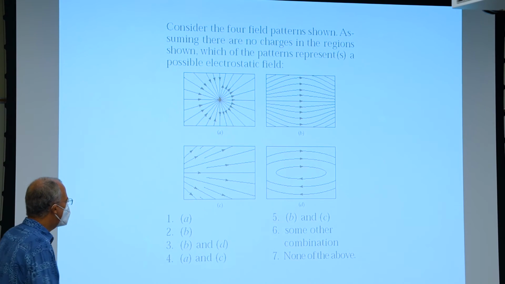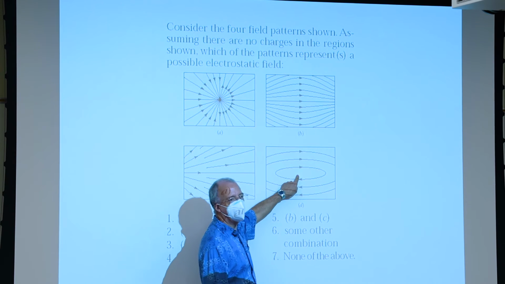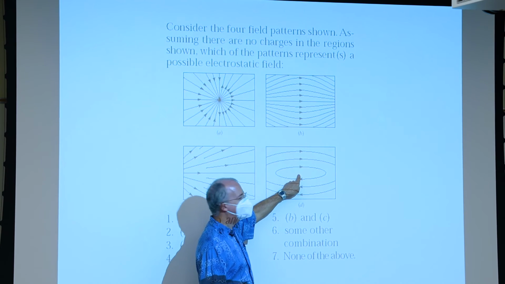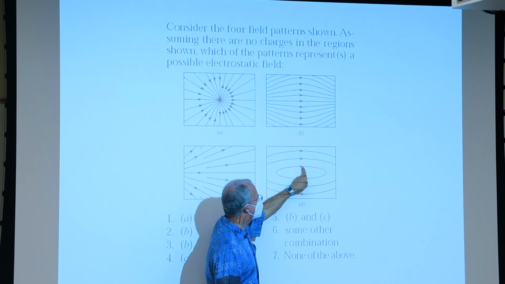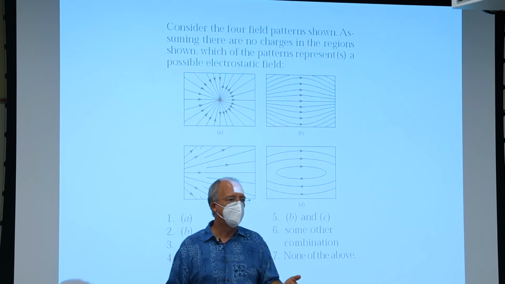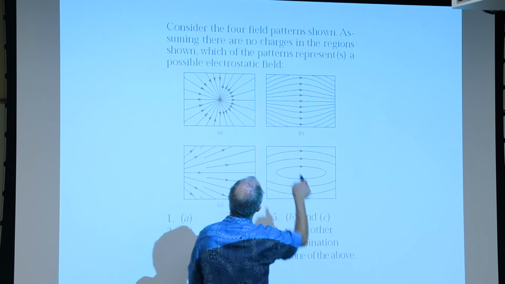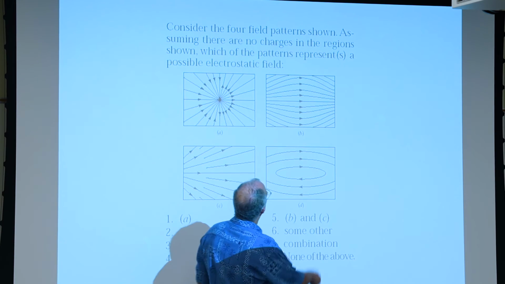Okay. Is this possible? No. Why not? Because it says they start and end on charges, and there are no charges in the region shown, so this doesn't make any sense. How about this one?